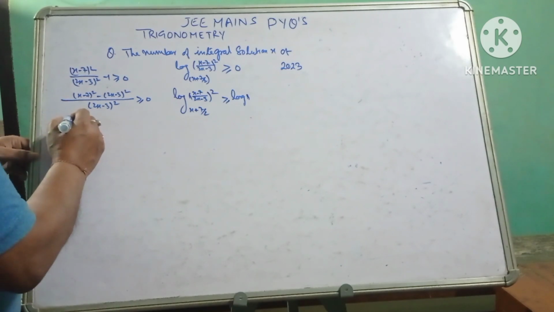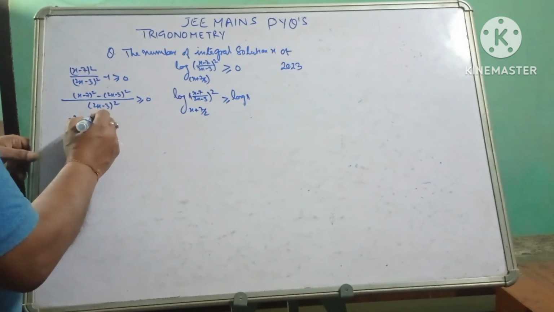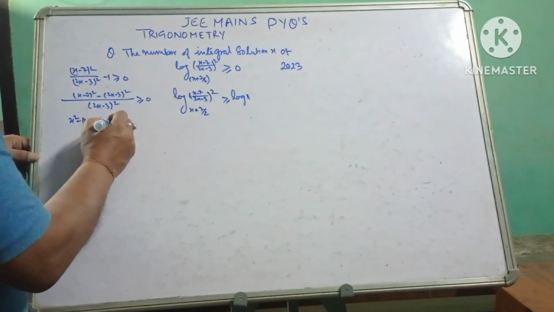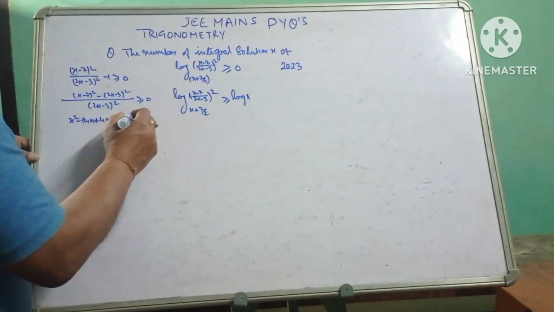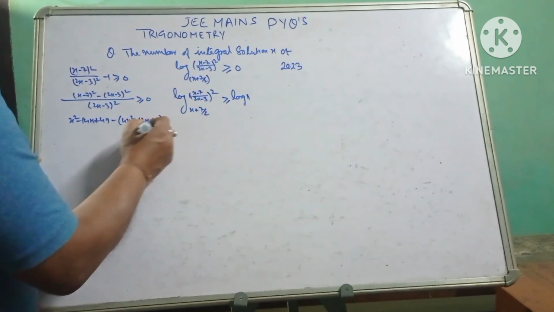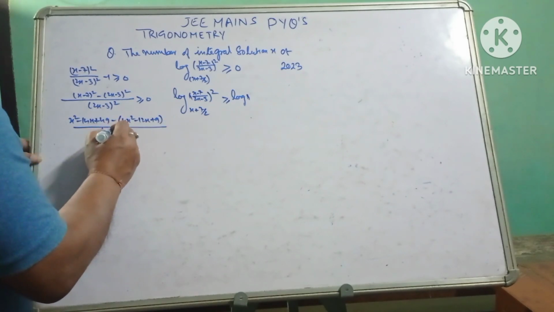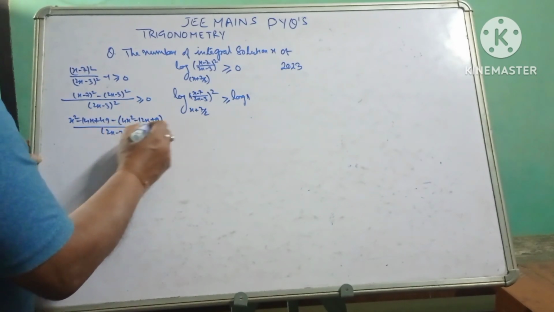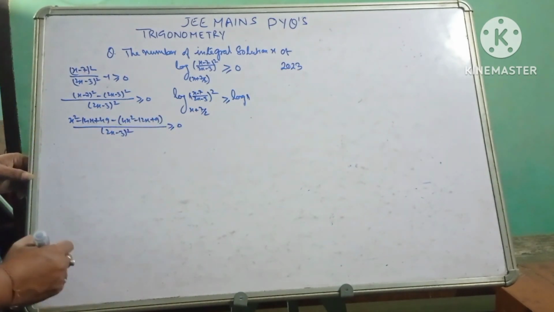Now you solve it. x square minus 14x plus 49 minus 4x square minus 12x plus 9, over (2x minus 3) the whole square, greater than or equal to 0.